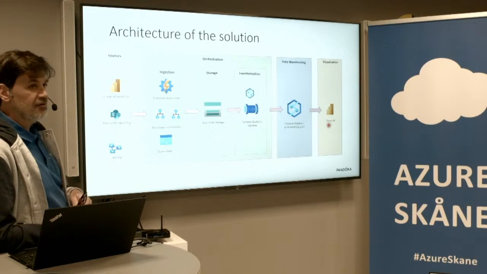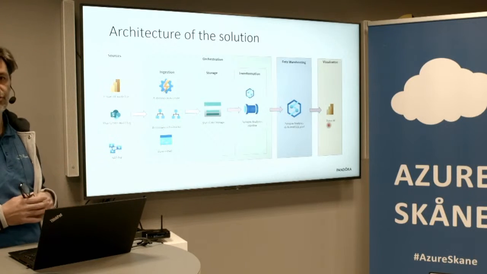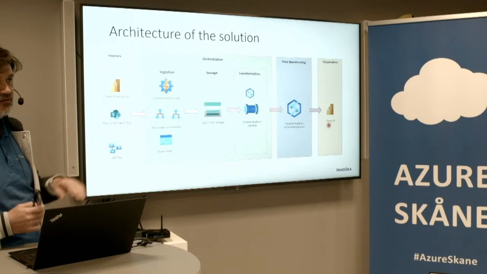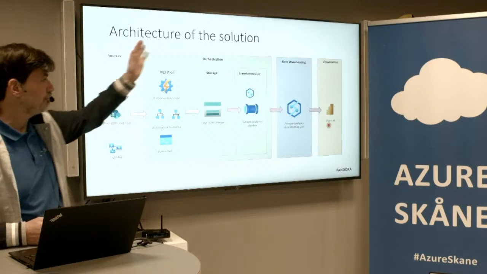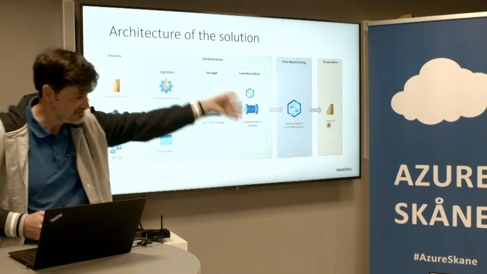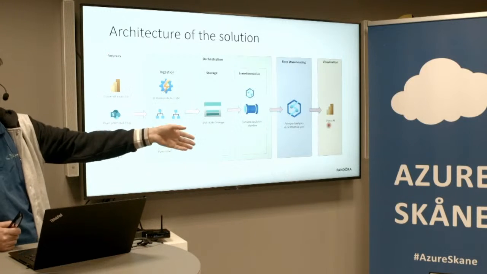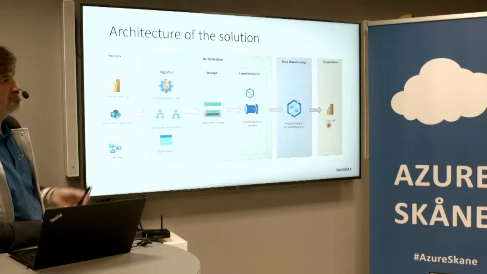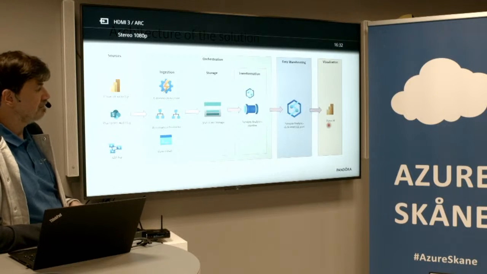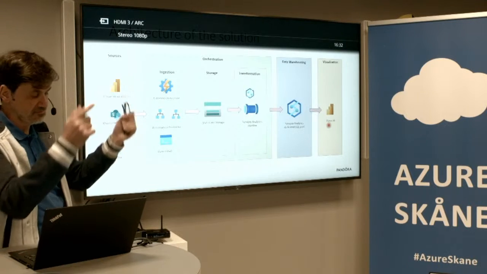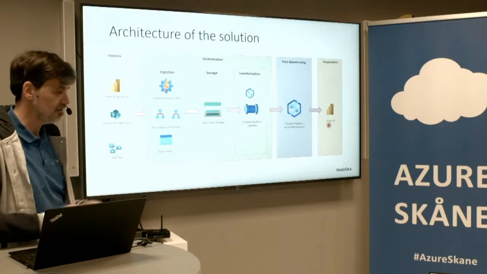And this is the full architecture of the solution, starting from data collection up to, as my presentation says, the end, the final product, which is a Power BI report where you can monitor and create a report over your data.